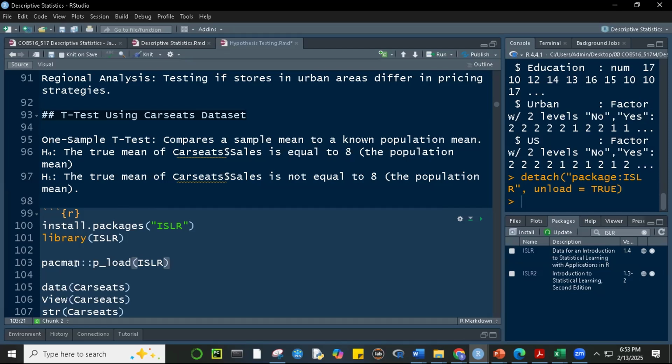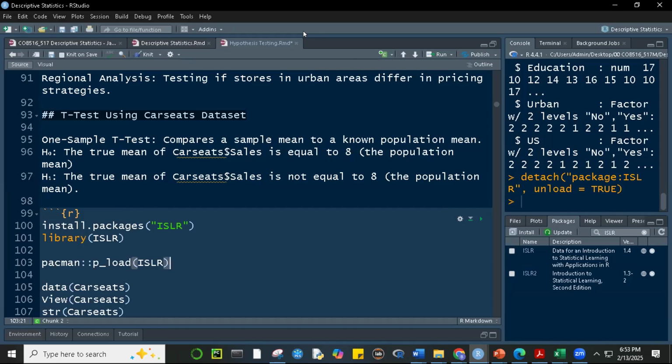So what will happen here is that R will install the package and then load it at the same time. One stop shop, both install and load. However, you have to make sure that the Pacman package is installed, not loaded. You can still run this even if Pacman is not loaded, but it has to be installed.